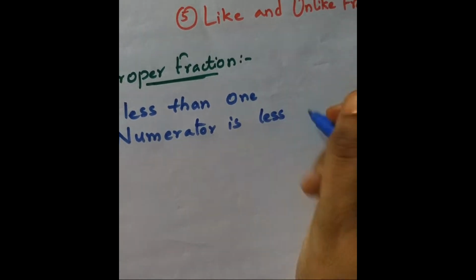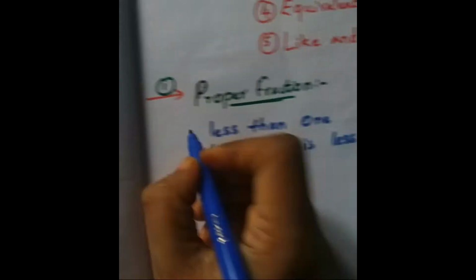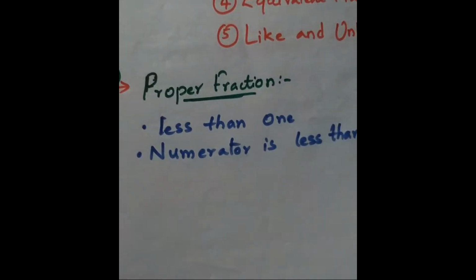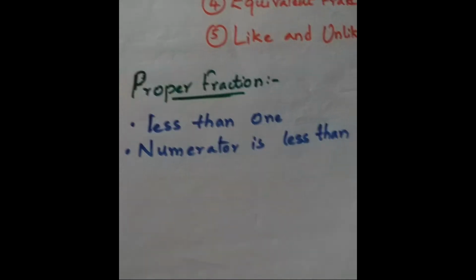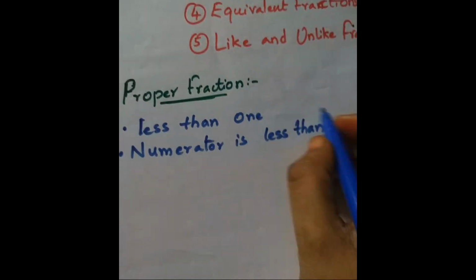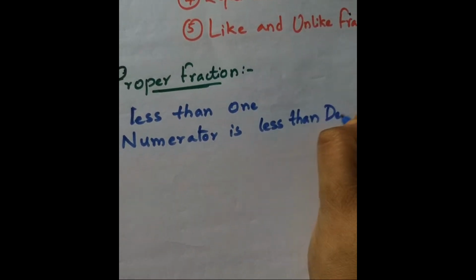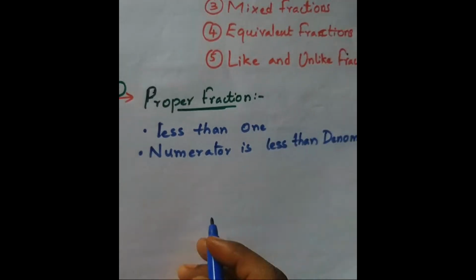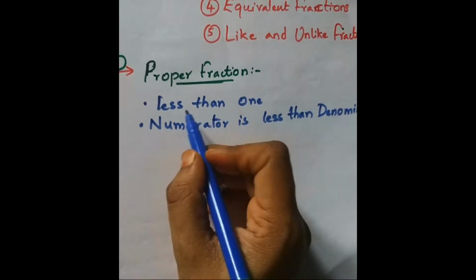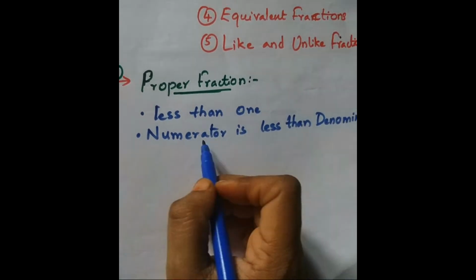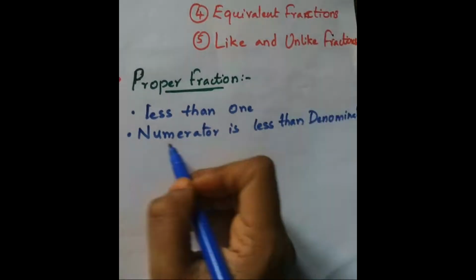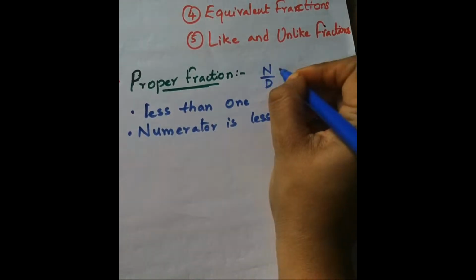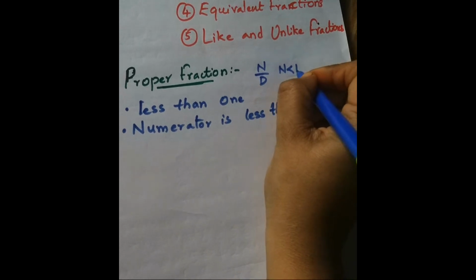In proper fractions we have to remember these two points: the fraction is less than 1, and the numerator is less than the denominator, children. That is n by d, where n is less than the denominator.